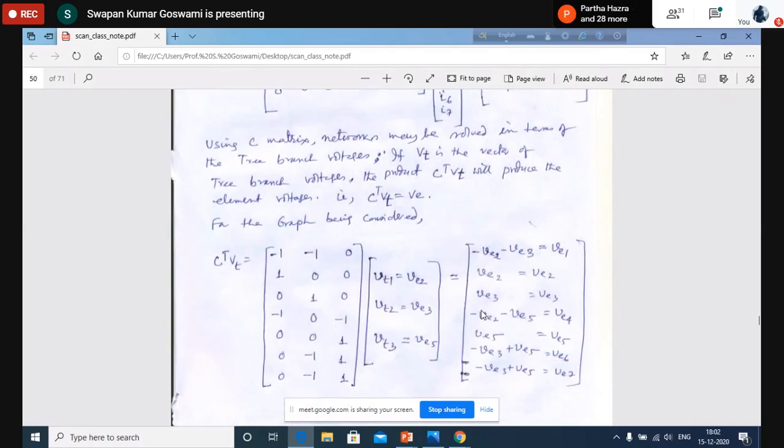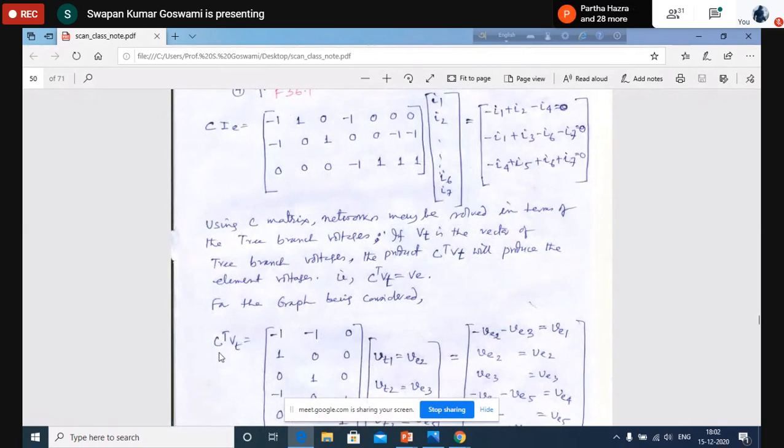So now you see that by writing the transpose of the symmetric matrix and multiplying this matrix by the 3 branch voltages, we can have the element voltages. So once the solution of the network is obtained in terms of the 3 branch voltage variables, then using the transpose of the matrix, you can have the element voltages by this product.